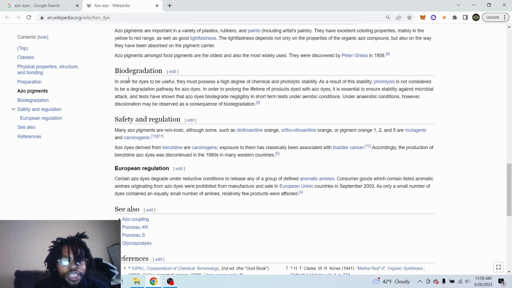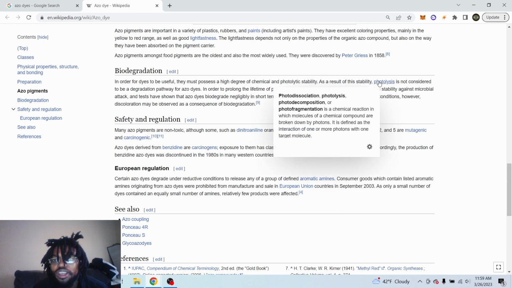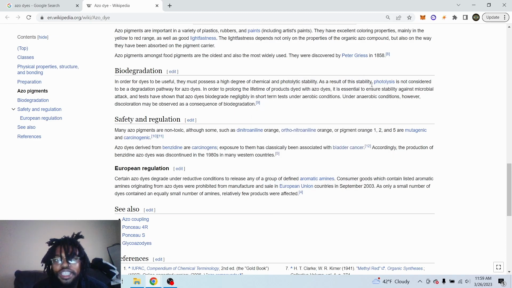But we're going to look at this biodegradation. In order for dyes to be useful, they must possess a high degree of chemical and photolytic stability. As a result of the stability, photolysis is not considered to be a degradation pathway for azo dyes. In order to prolong the lifetime of products dyed with azo dyes, it is essential to ensure stability against microbial attack.